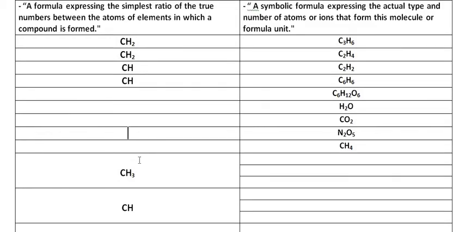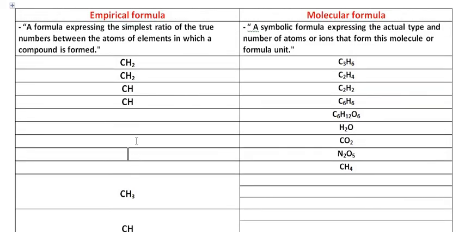If CH3 is the empirical formula of a certain compound, and you want to get the molecular formula, it's not easy because you don't know what number to multiply CH3 by.